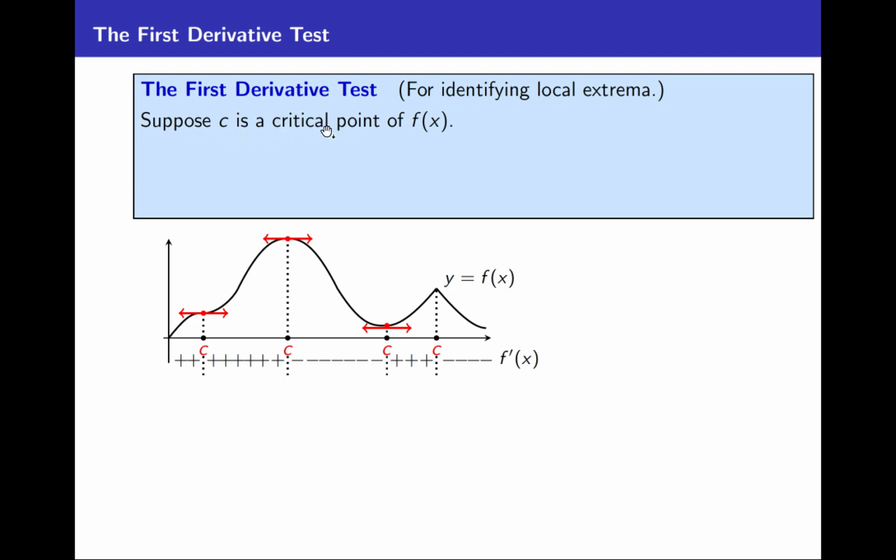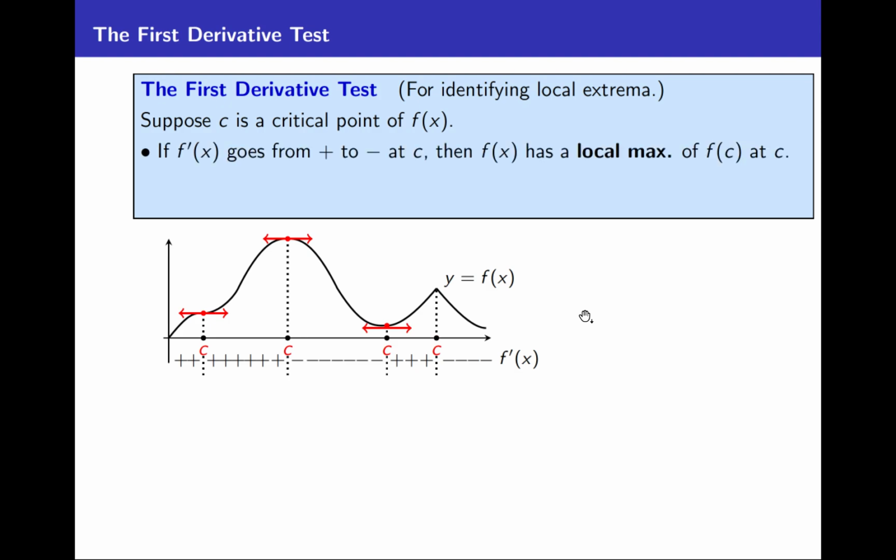Suppose c is a critical point of f, like perhaps here, here, here, or here. The first derivative test states three things. First of all, it says that if f prime goes from positive to negative at c, then f of x has a local maximum of f of c at c. This should be really obvious when you look at the picture.